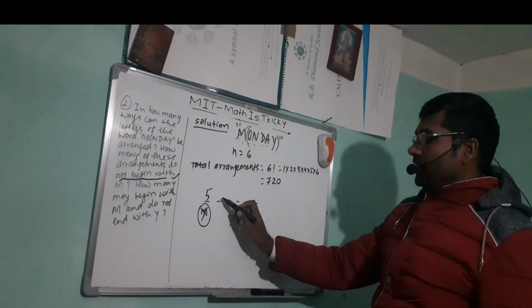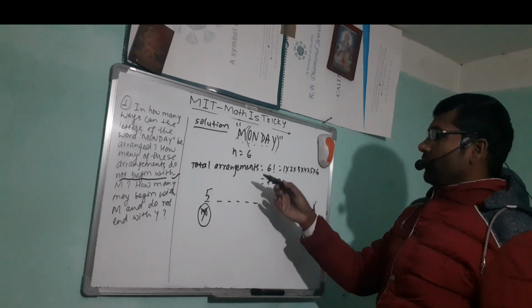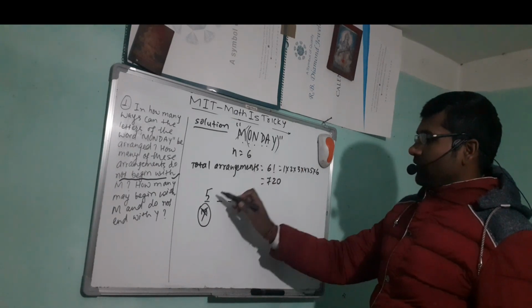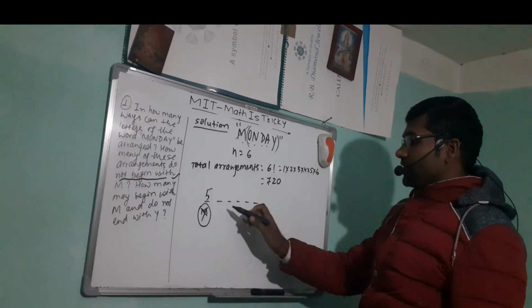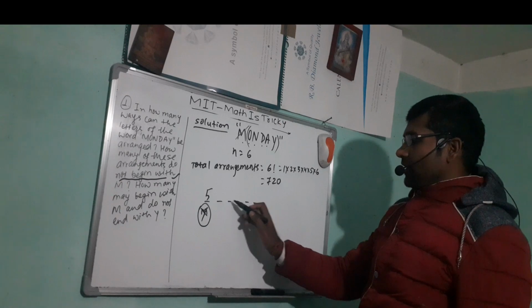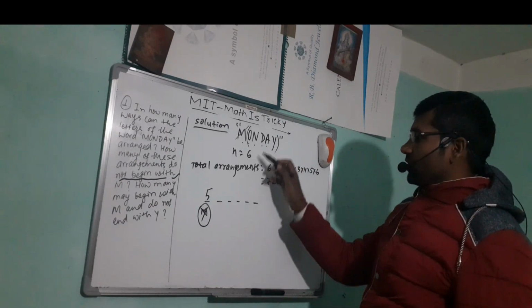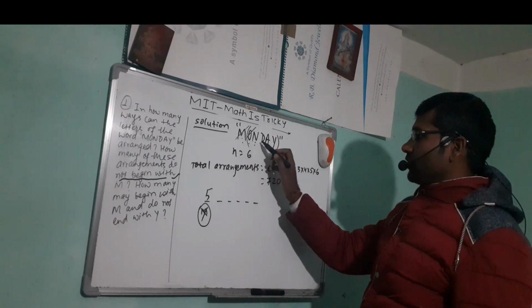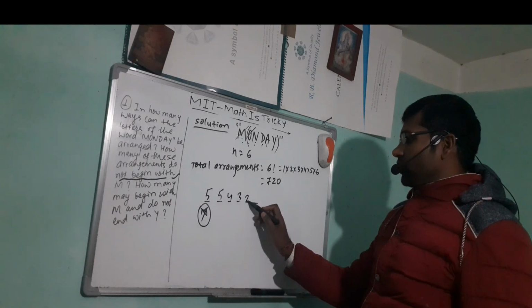Now the remaining places can be filled with the remaining 5 letters. Suppose we take O first, then again there are 5 letters: 5, 4, 3, 2, 1.